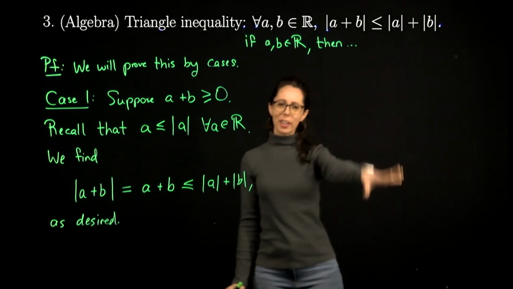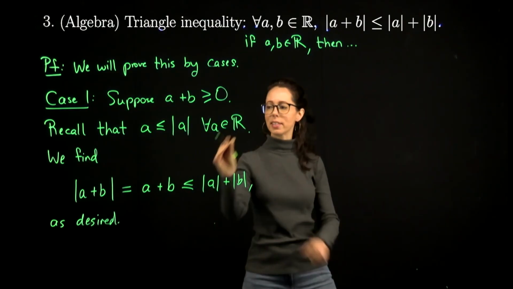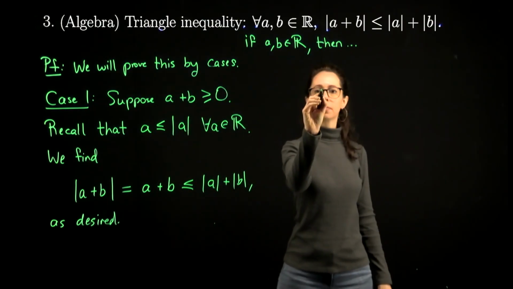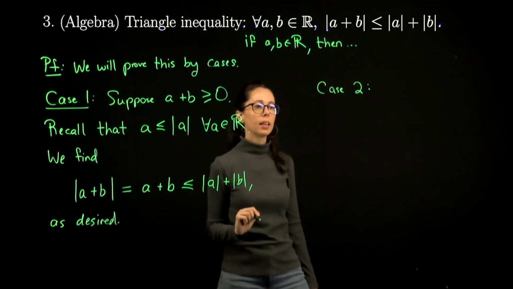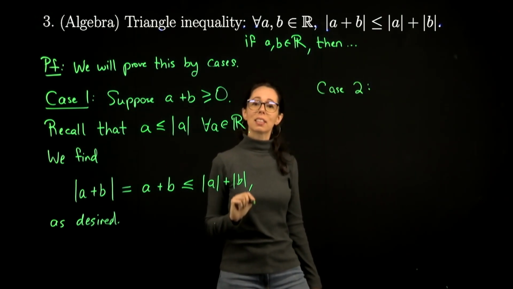Case 2, I'll fit over here. I hope it doesn't get too crowded, but the idea is now, let's continue the proof. Now suppose that a plus b is less than 0.